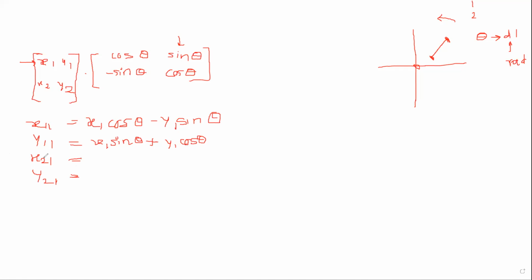So what will be the formula for x21? You have to multiply the second row with the first column. So x2 cos theta minus y2 sin theta, and x2 sin theta plus y2 cos theta.